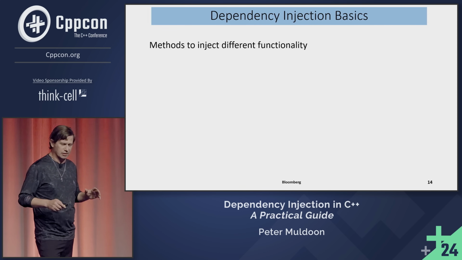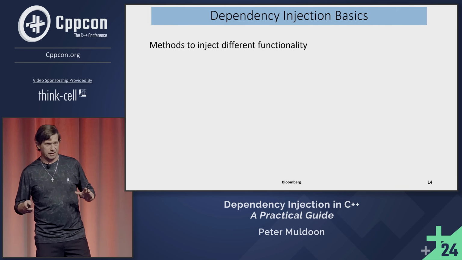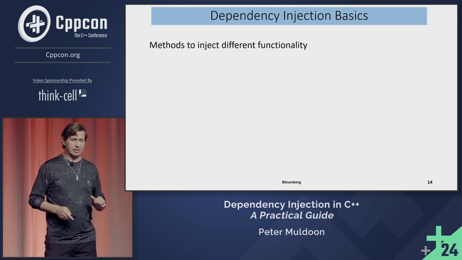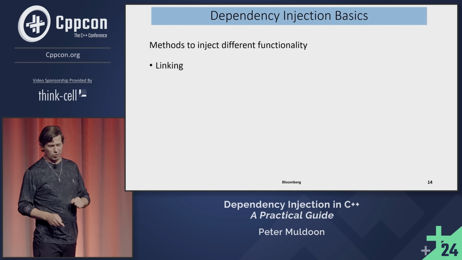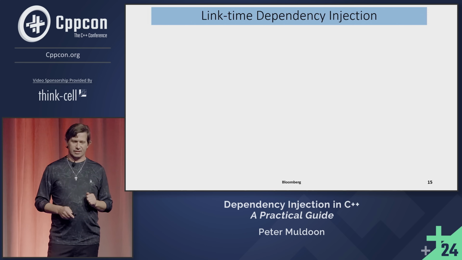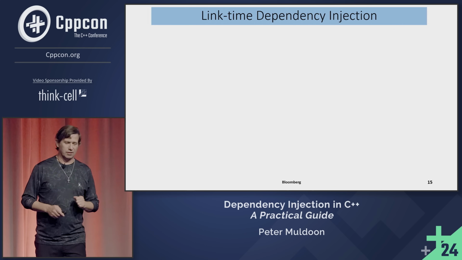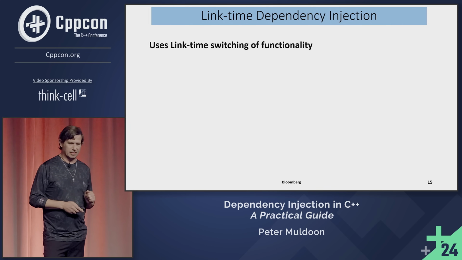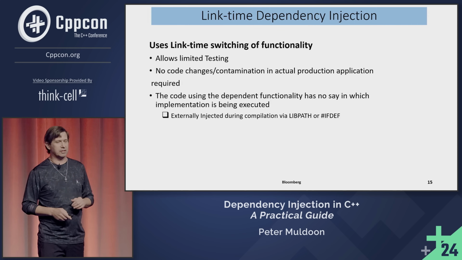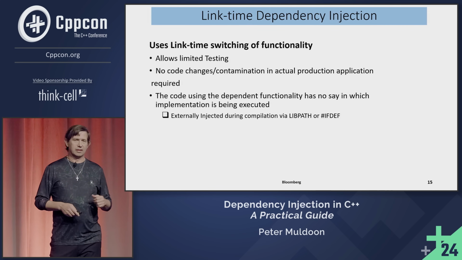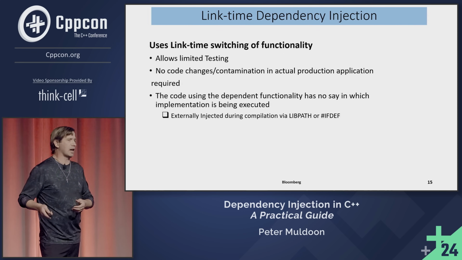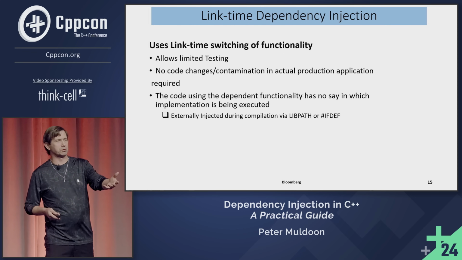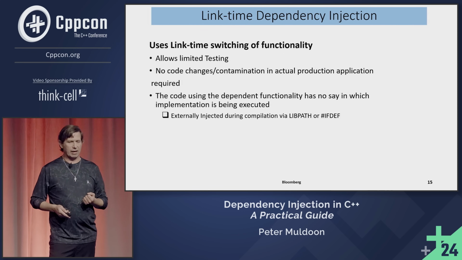All right, so let's first talk about basics, even though a lot of you probably know this. Some of the basics of dependency injection is the methods. So linking is a form of dependency injection. So how does that work? I was talking to someone yesterday and I'm very surprised we use this. So link time switching of functionality means that you have some different CPP file with no functionality or very little functionality in it, so you don't drag in, right, all the regular functionality.